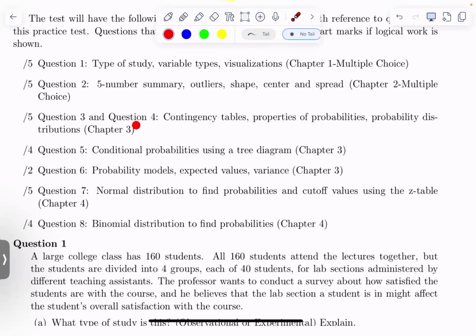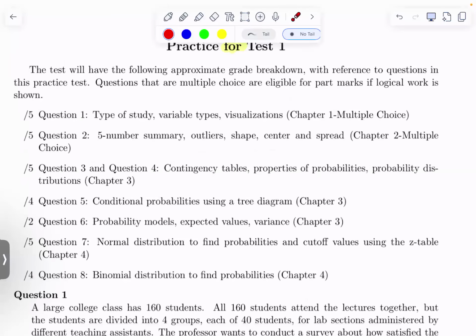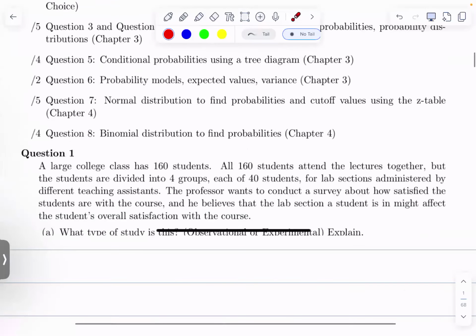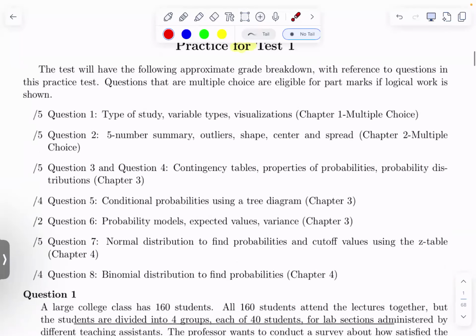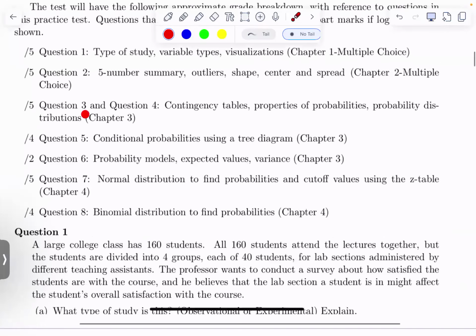Questions 3 and 4, contingency tables. With reference to questions in this practice test, both question 3 and 4 prepare you for 5 marks: things like contingency tables, probabilities, properties of probabilities, and probability distributions.